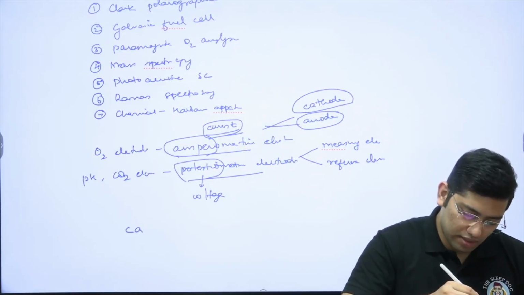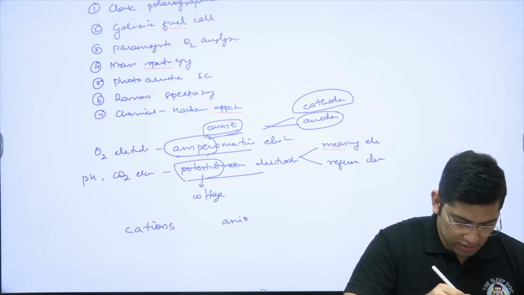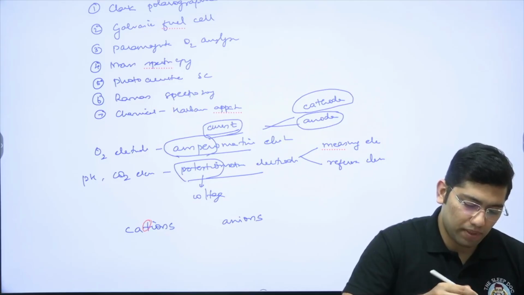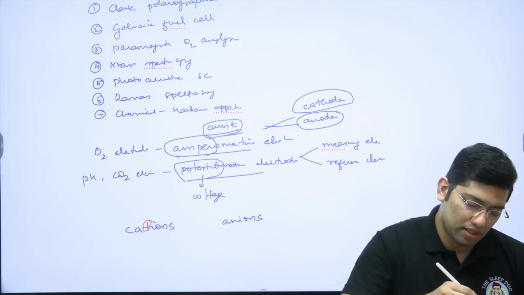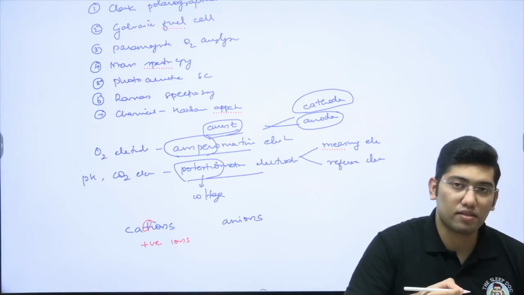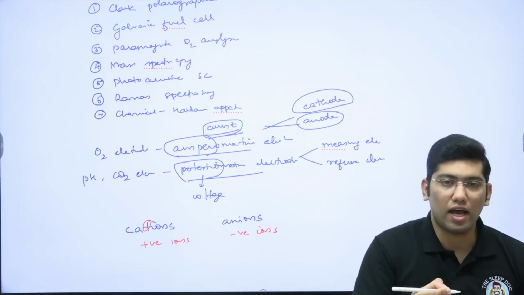Let's see here. Cations, anions. Do you see a plus symbol in cations? So this means cations are positive ions, which means anions are negative ions.